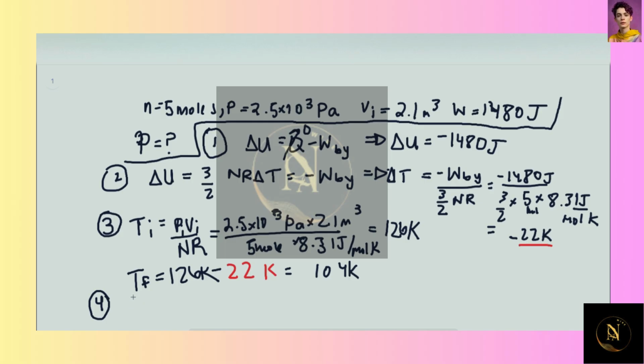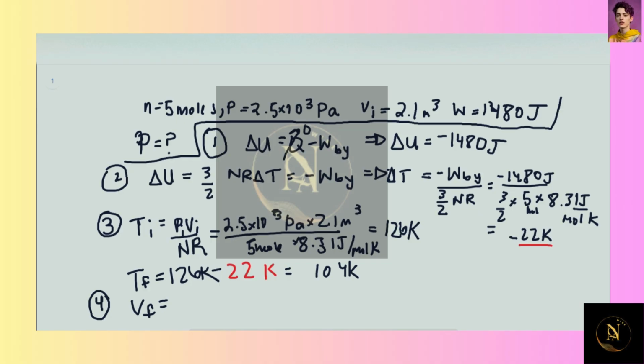To find the final volume, you just want to use this equation from the book, in the adiabatic section, equation 19.22.